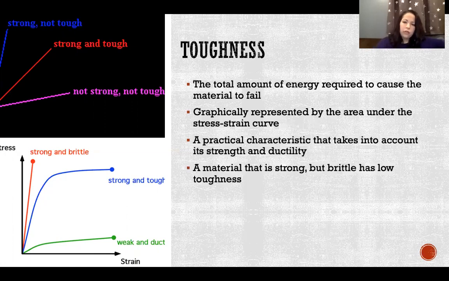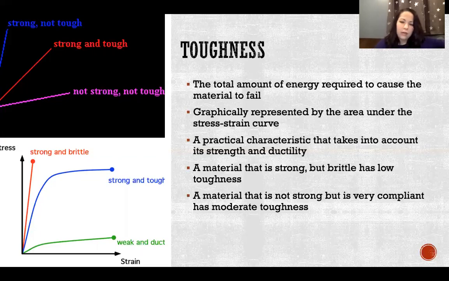So a material that is strong but brittle has low toughness. That would be like concrete. It's very strong. It can withstand a lot of stress, but it's also very brittle, which is another way of saying stiff, so it can't withstand much strain. So that means that it has very low toughness.